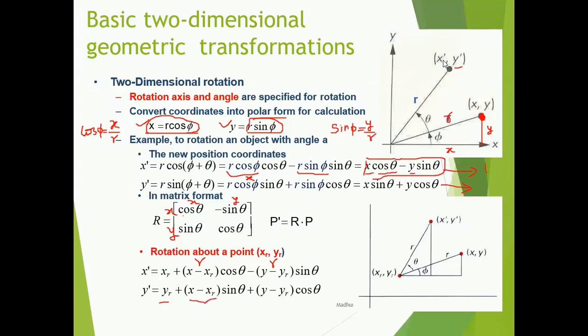Here x minus xr is r itself. We can say this r is given by x minus xr and y minus yr. Those are the changes you have made. So that's what we are going to write here.